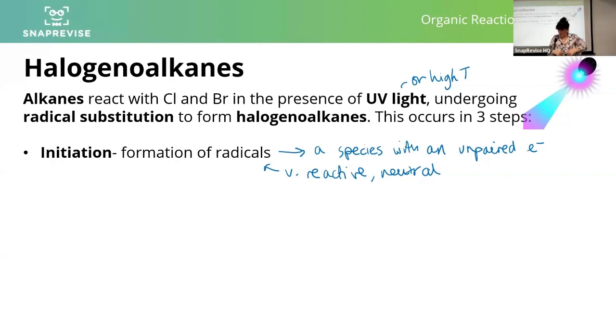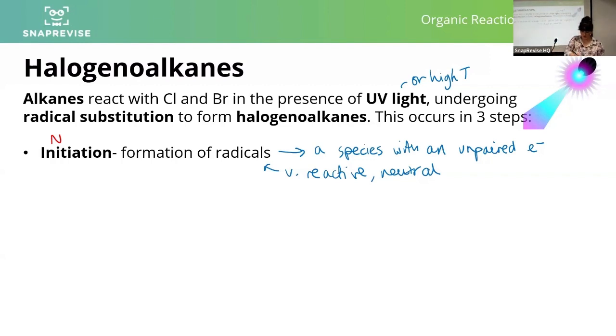So initiation happens when we form a radical. We're looking at an example of initiation in a minute. But one of the ways that I help students to remember the difference between initiation, propagation, and termination is, what does an initiation step have to look like? It has to start with what I'm going to call a normal species. So a bonded molecule, compound, whatever it is.